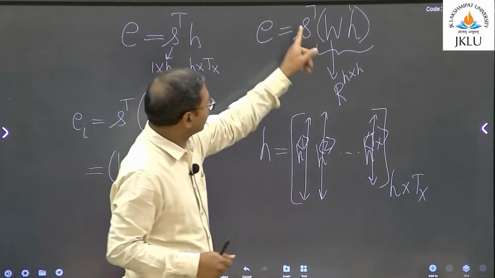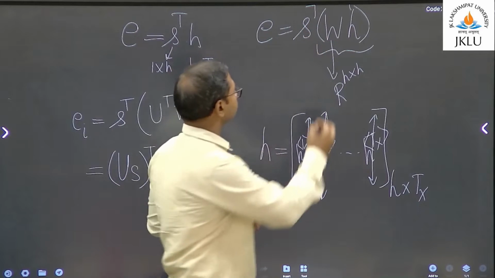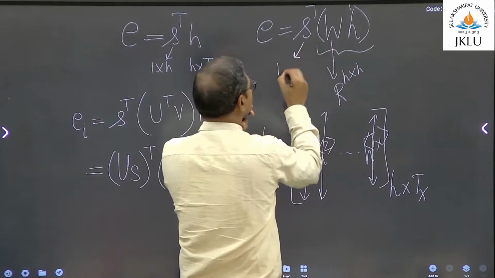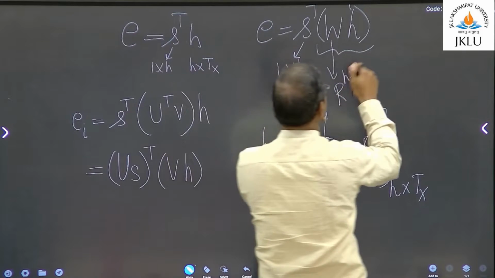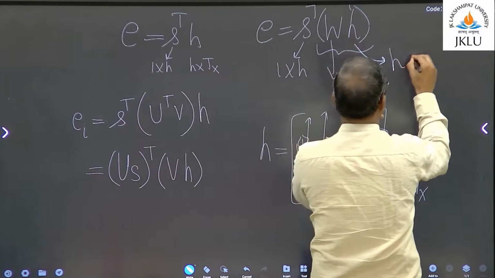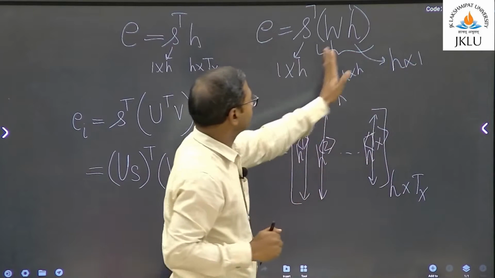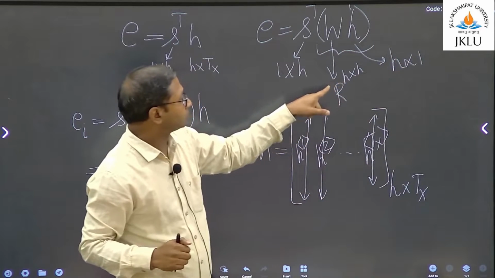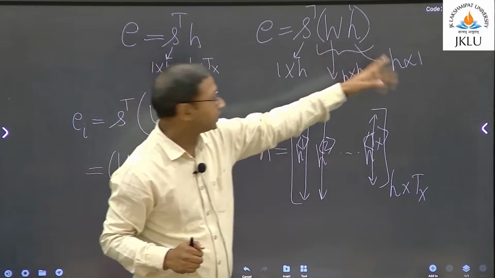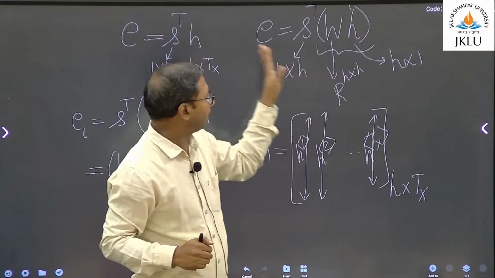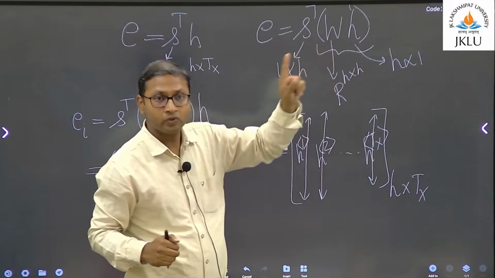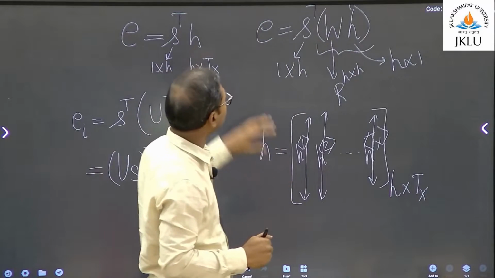Now, you can do the same thing here. This is 1 cross H, this is H cross H, this is H cross 1. So, this multiplication will give you H cross 1, and 1 cross H times H cross H times H cross 1 gives you a scalar, okay.